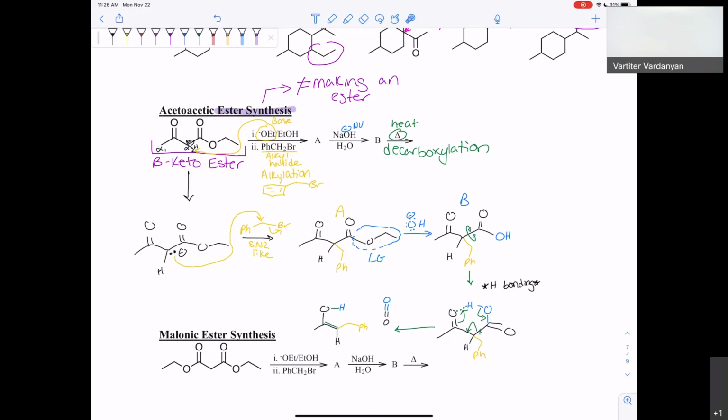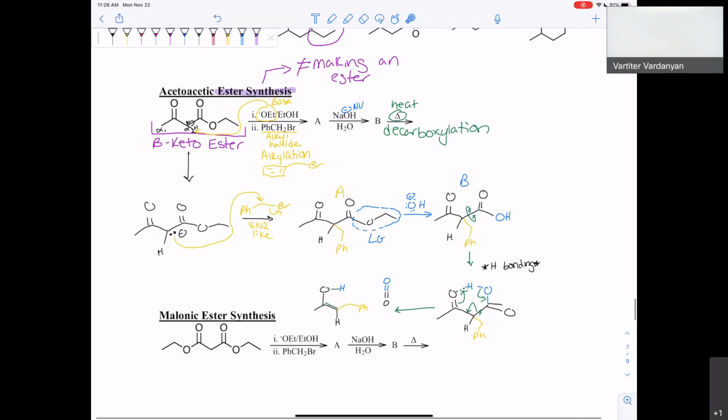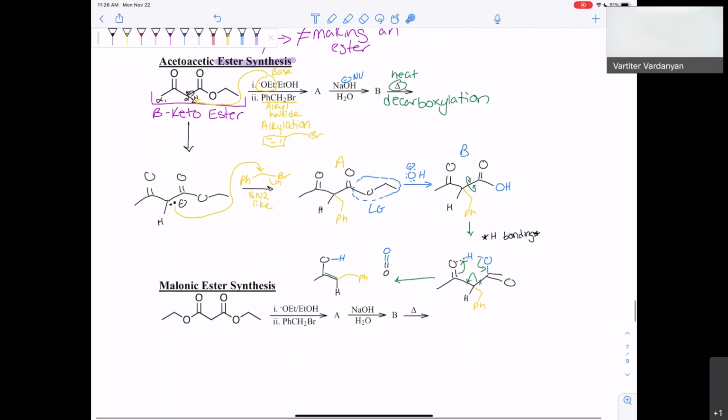But that doesn't mean this reaction can only happen with this molecule. This reaction can happen with any beta ketoester. So we could have anything on either side, or any R group on either side, I should say. Okay, so, ta-da. And just because I showed you on the other one, I will draw the tautomerization product here.